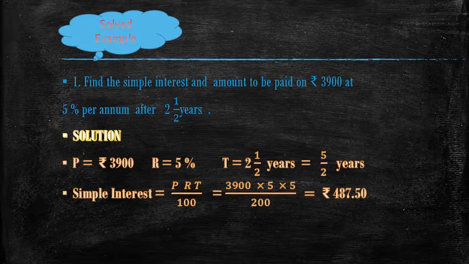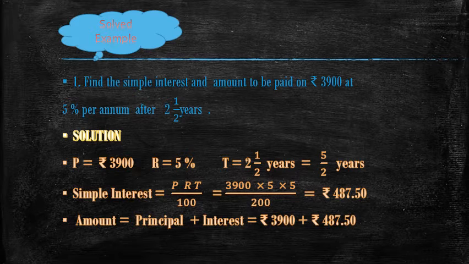That's equal to 3,900 into 5 by 200. We can cancel the two zeros, numerator and the denominator one get cancelled. After multiplying and then dividing, we get the final answer as rupees 487.50.